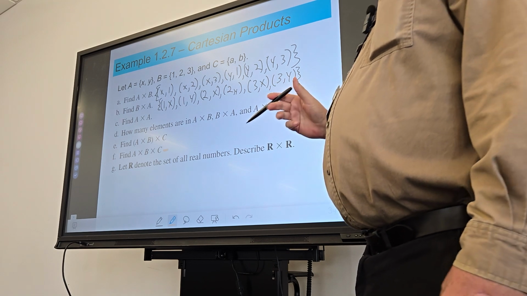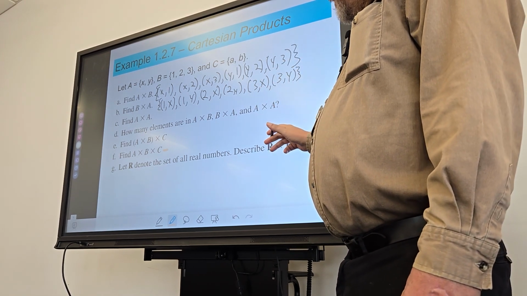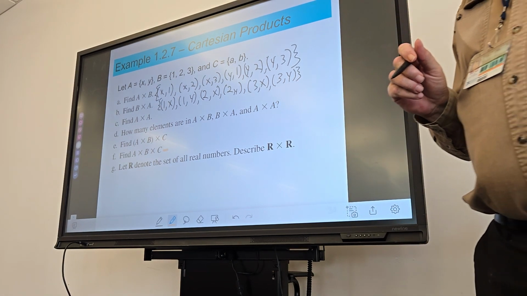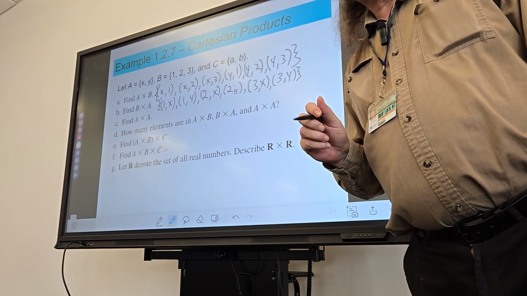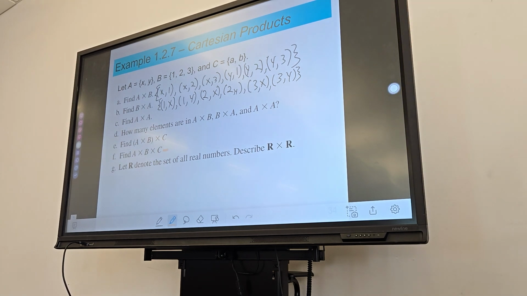Now finally, let R denote the set of all real numbers. Describe R, the Cartesian product of R and R. What does that give you? Not a new concept, you're just relating it to something old.